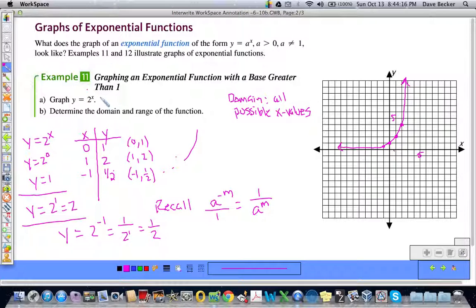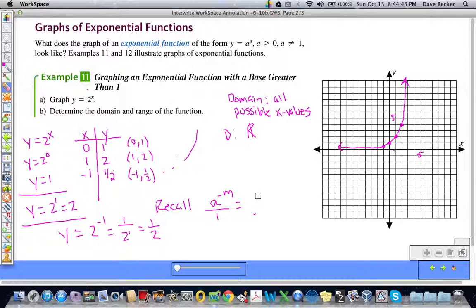You're looking for somewhere where it'd be undefined, or the square root of a negative number, because we don't know how to handle the square root of a negative number. There's nothing that we can put in for x that's going to make this undefined, or that we're not going to be able to calculate. So the domain is going to be the set of real numbers. So that's cool. And what about the range?